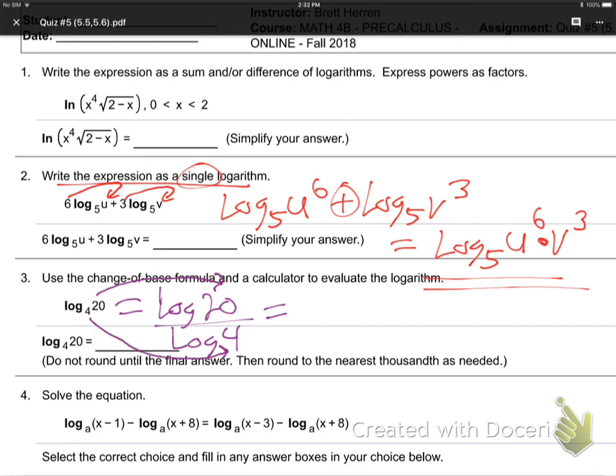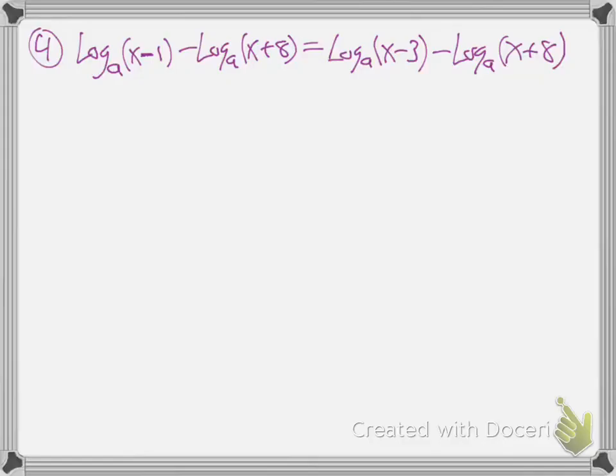So log 20 over log 4. I'm getting 2 point, how many places? 1,000. So 2.1609. They want me to round to the 3rd place. Look, 1 to the right. 2.161. There we go.